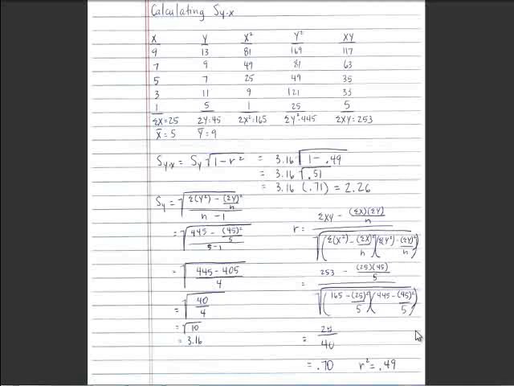Now right here in the middle of the screen is the formula for calculating sy.x. Okay, so I probably should have set that apart a little bit better, but there it is. And so sy.x is equal to s sub y, and remember s sub y is the standard deviation in y, times the square root of 1 minus r squared.